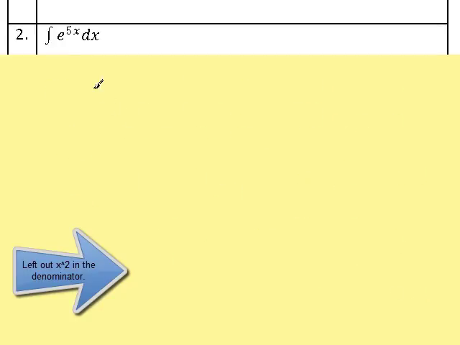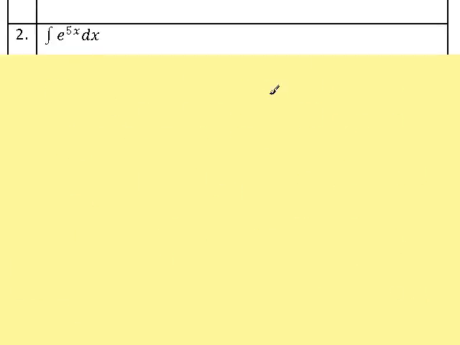All right, number 2, we're integrating e to the 5x. Now, let's just remember that the integral of e to the x dx is equal to e to the x. And here, when we differentiate e to the 5x, a 5 comes out.